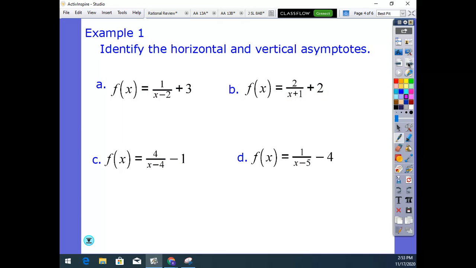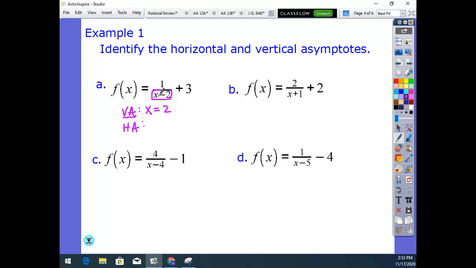Okay, example 1 just starts by identifying what the asymptotes are. I always just say VA and HA. Vertical asymptotes are the values that make the denominator 0. What makes x minus 2 zero? When x equals 2.